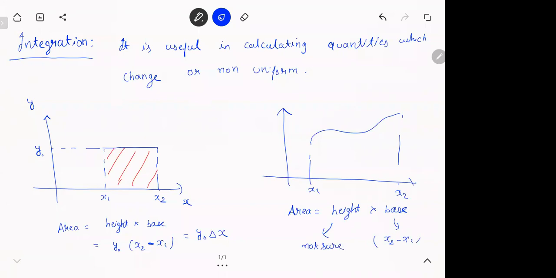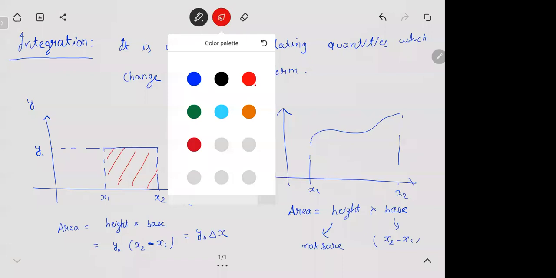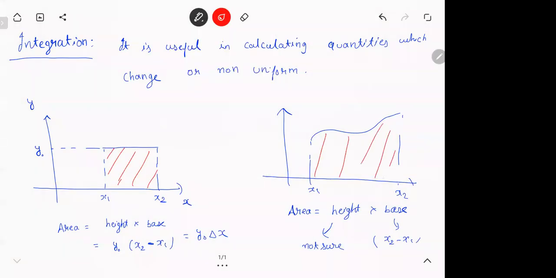I'm not sure what it is, because at every point the height is changing now. Should I take the initial height or the final height or what? So that is where our calculus comes into the picture. That's what we are going to see in integration, like how does that work, and how we are going to use this calculus to find the area under that random curve.